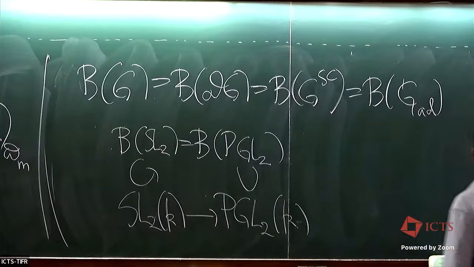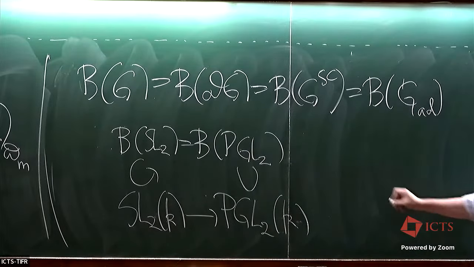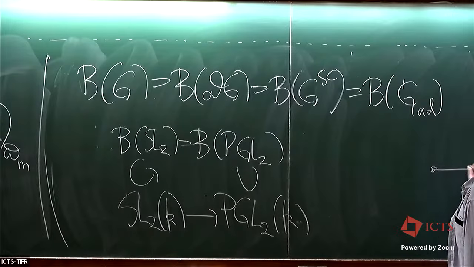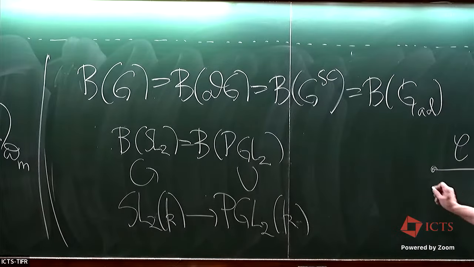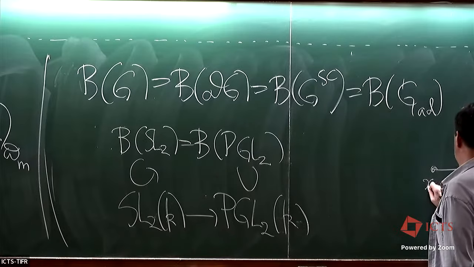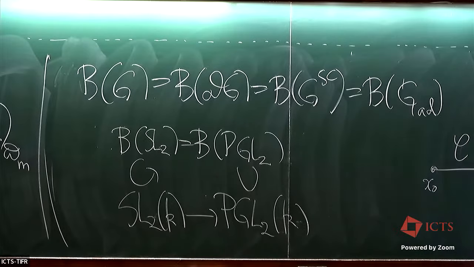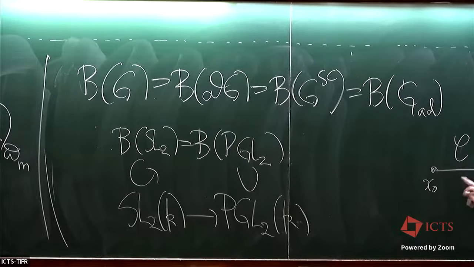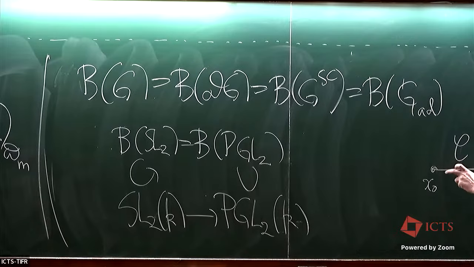So what's the use of this? So if we take a chamber for SL2, and I'm just going to call the endpoints x0 and x1, then it turns out that the action of SL2, any element of SL2 which keeps this segment, maybe it carries it back to itself in some way, actually has to fix it pointwise.